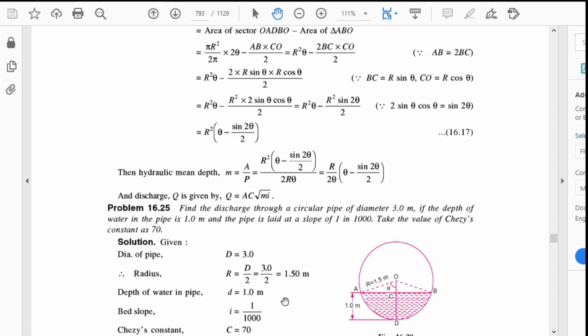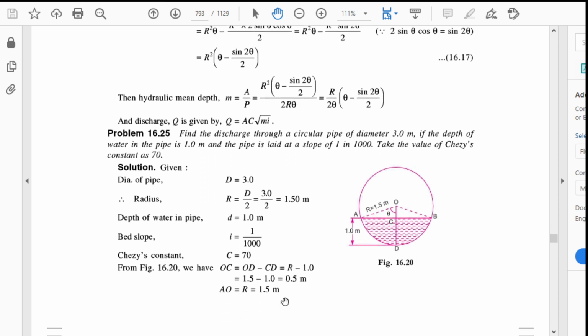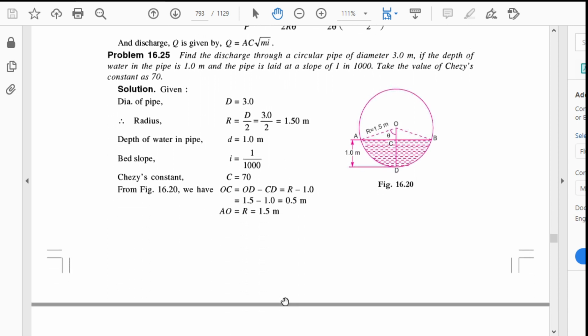Now we'll move further to the examples on flow through a circular channel section. As we have studied the same condition for flow through a circular channel section, this example will be easy for you to understand.